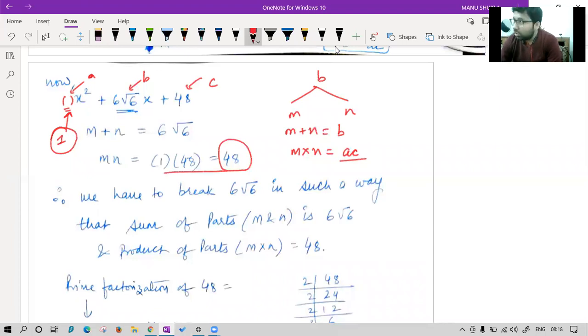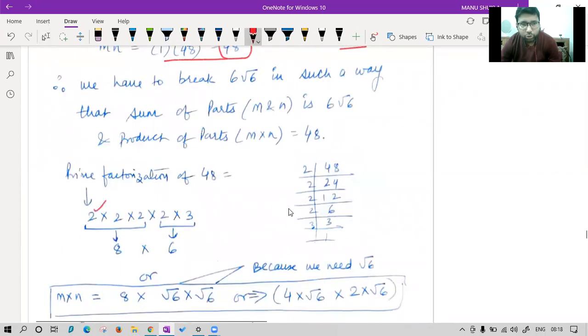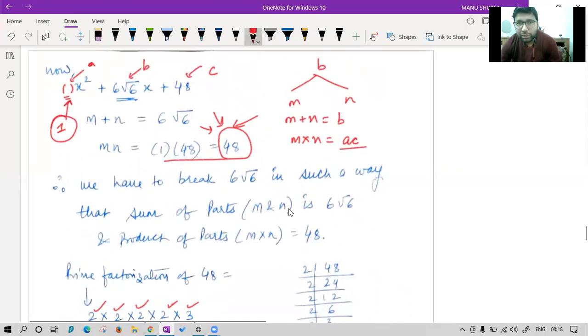Now, the thing that came to my mind is, after prime factorization of 48, I got 2 into 2 into 2 into 2 into 3. But you have to keep in mind that you want the sum to be 6 root 6. Tell me, class, can you have one number irrational and the other normal and add them to get 6 root 6?